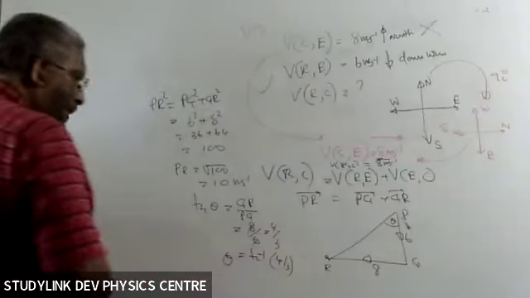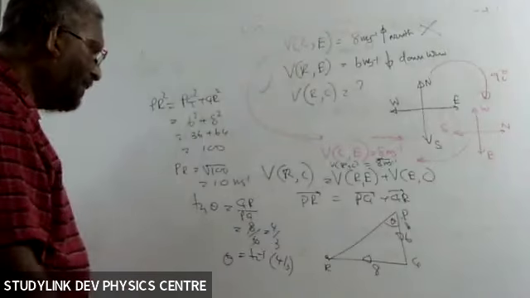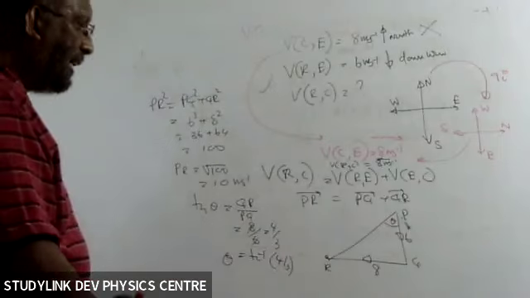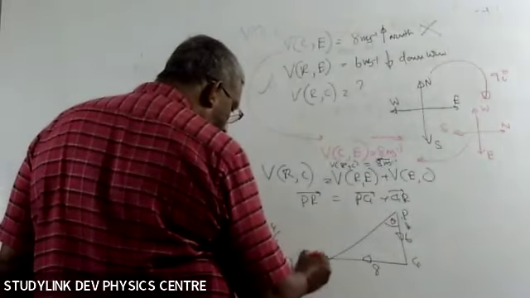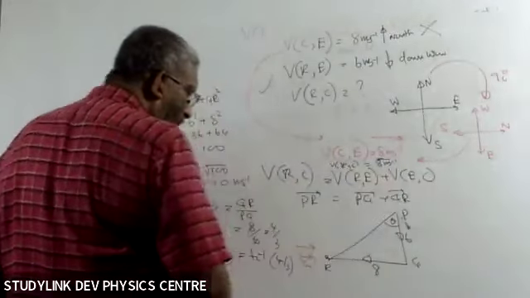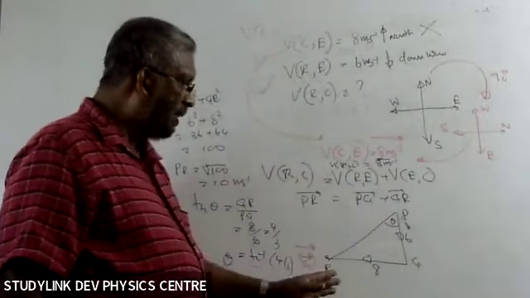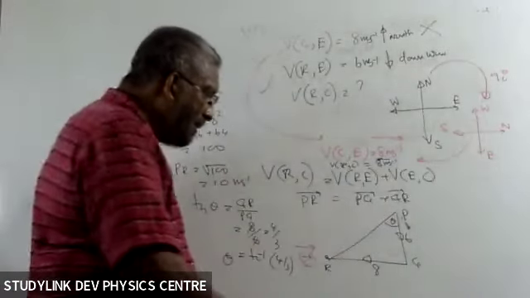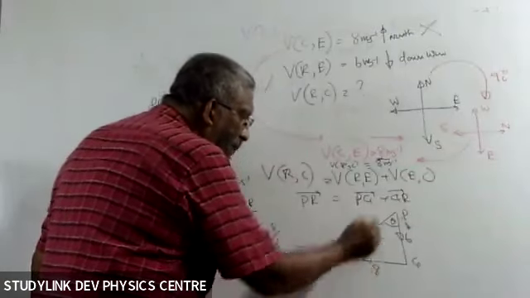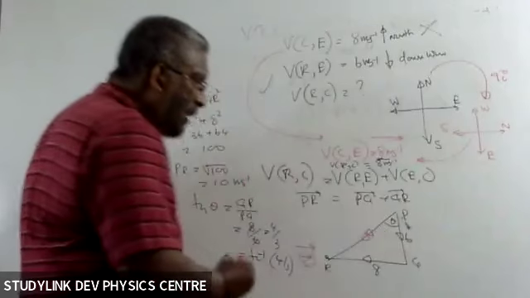Then if direction is concerned, we can consider the direction the car is moving. The car is moving in this direction. So towards the car, it rains with a speed of 10 m s^-1. The arrow must be towards this direction. PQ plus QR is PR, towards this direction.